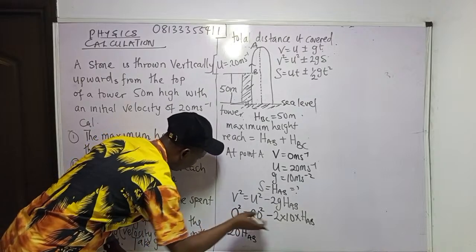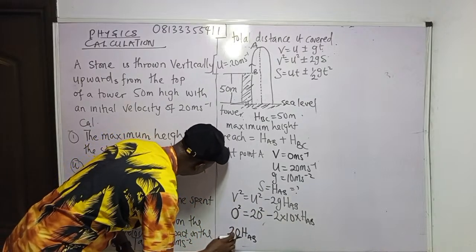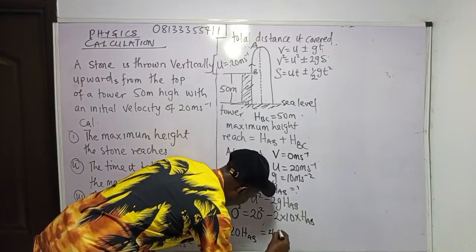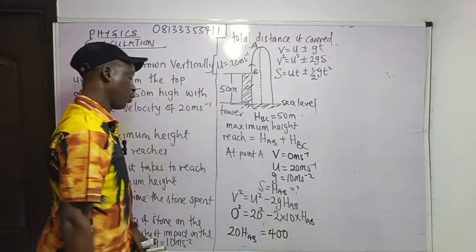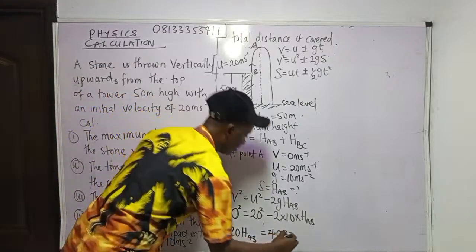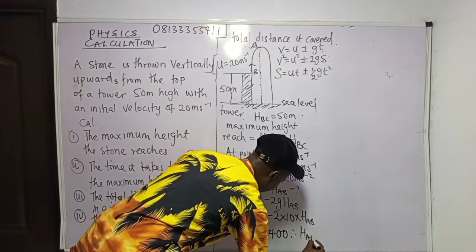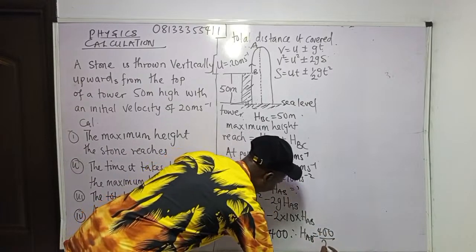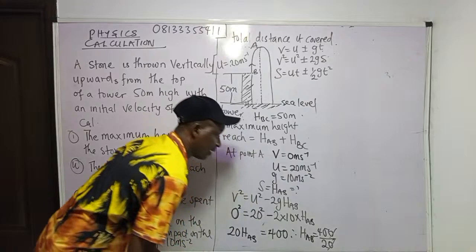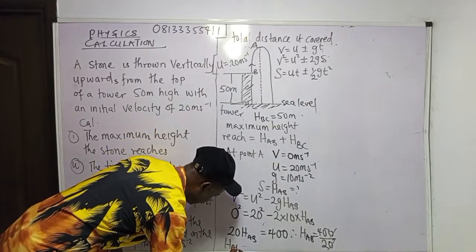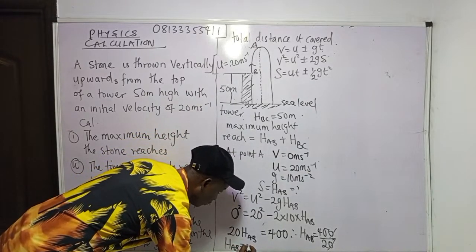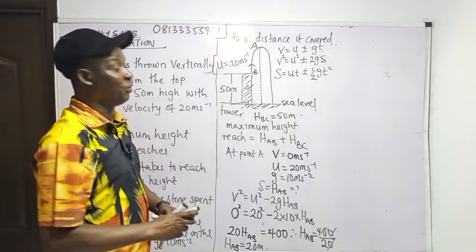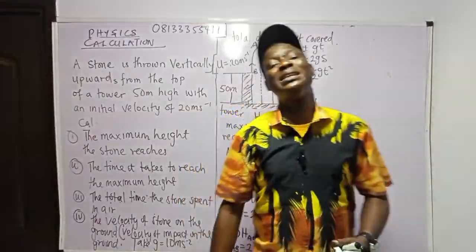This one is already 0. So if you come to this other side, 0 plus 20 HB is 20 HB equal to 400, because 20 square is 400. So HB equal to 400 divided by 20. What do we have, class? We are going to have HB equals 20 meter.